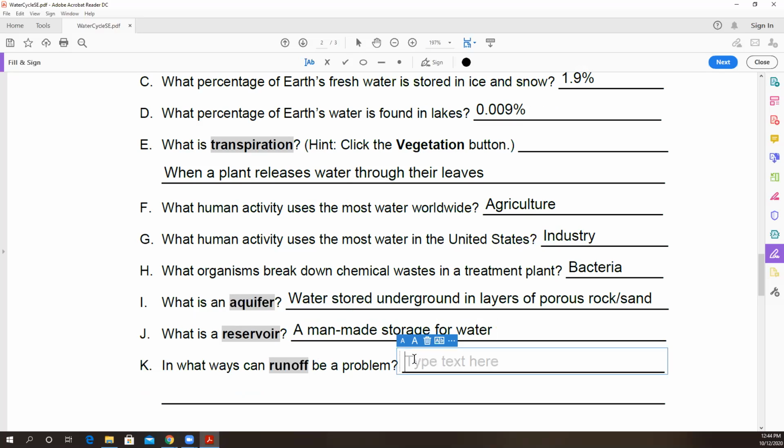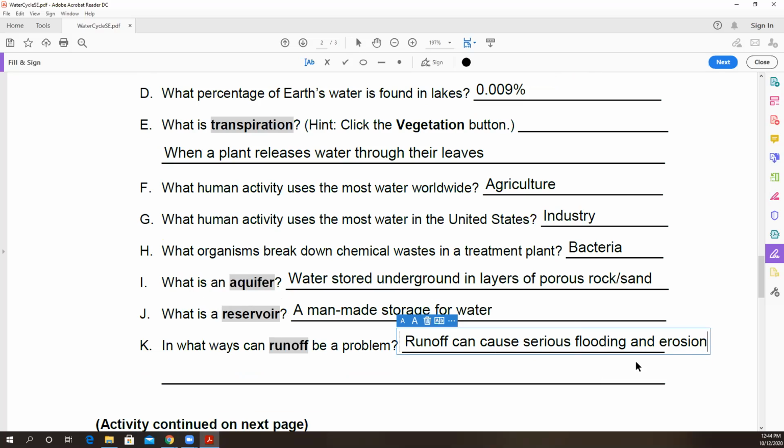Okay, how can runoff be a problem, Braylon? Serious flooding and erosion. Yes. It can cause serious flooding and erosion. Enough to the point, remember I talked about how I took a class in college on water, just straight up water, for like an entire semester.